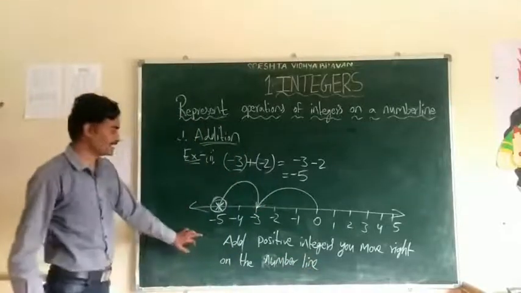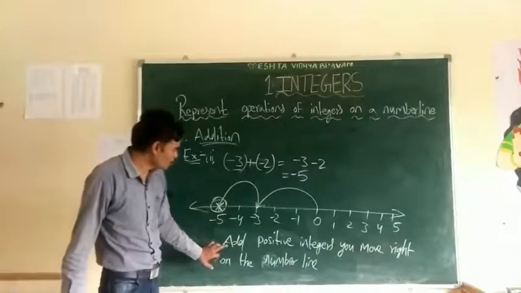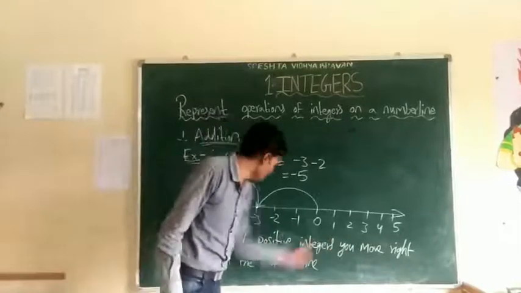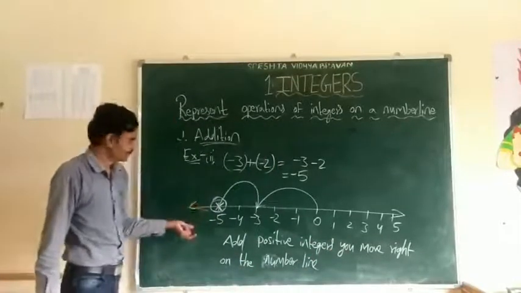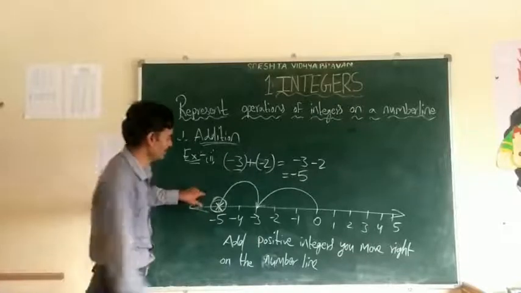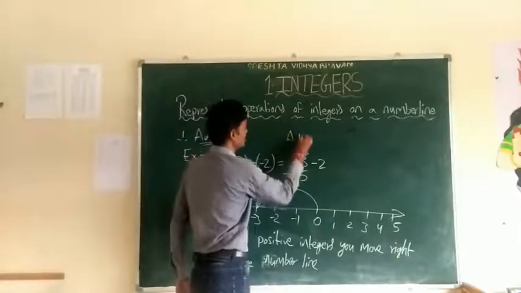That means in the first example, we are adding two positive integers. That means we have to move right on the number line. And in the second example, that means we add two negative integers.